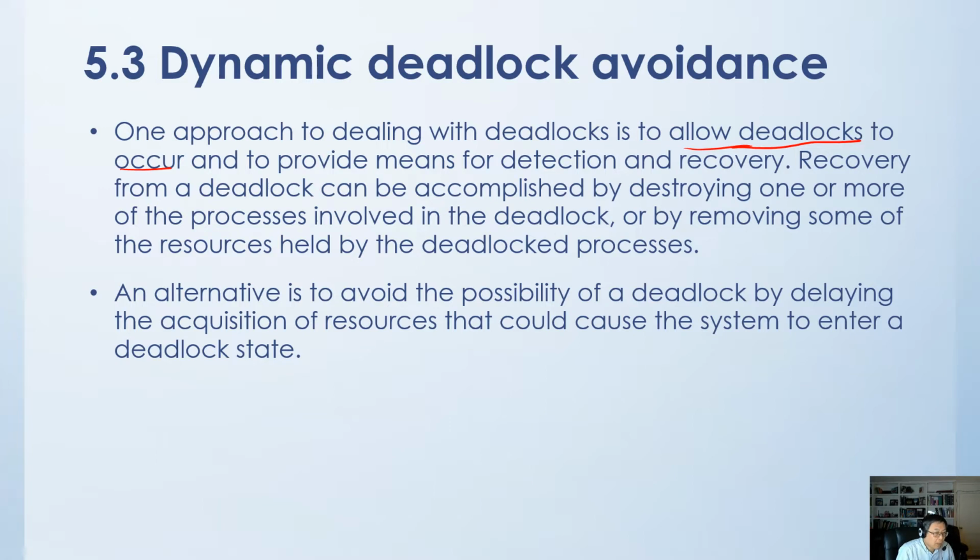Remember, the deadlock happens when there's some kind of circle in the resource allocations. For example, process 1 is holding a resource and requesting another resource, and the other resource is held by another process.